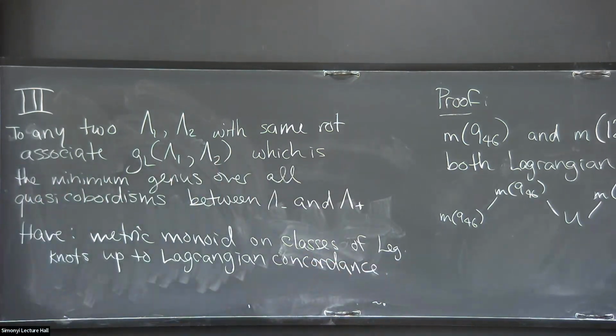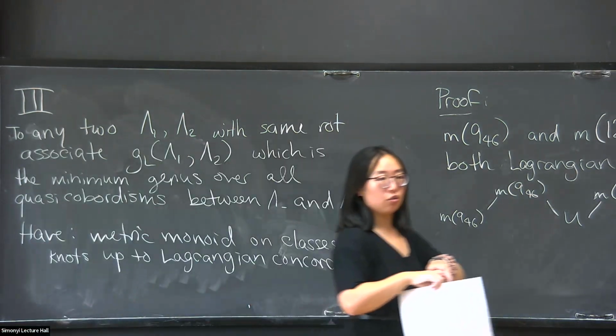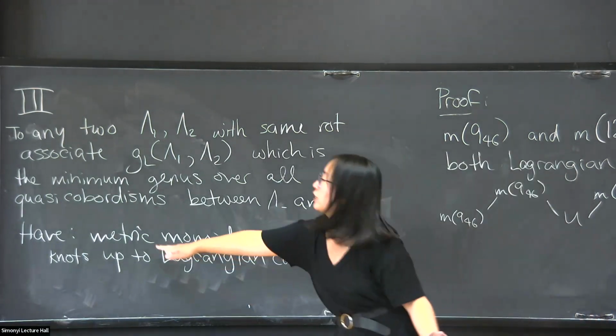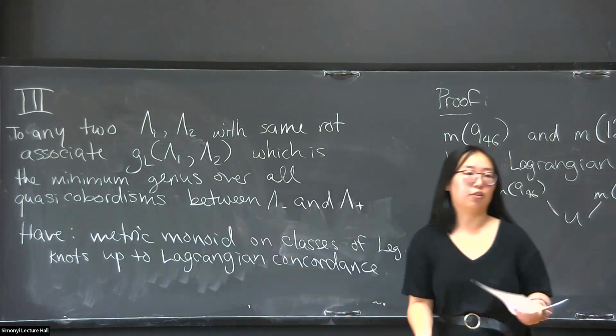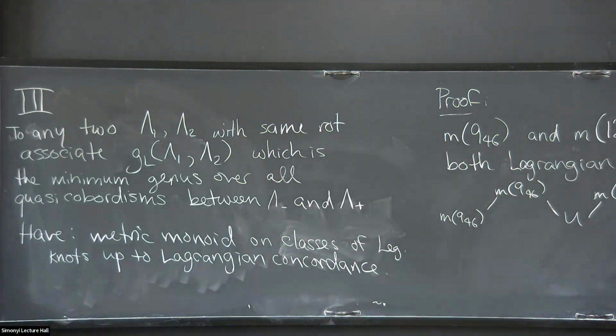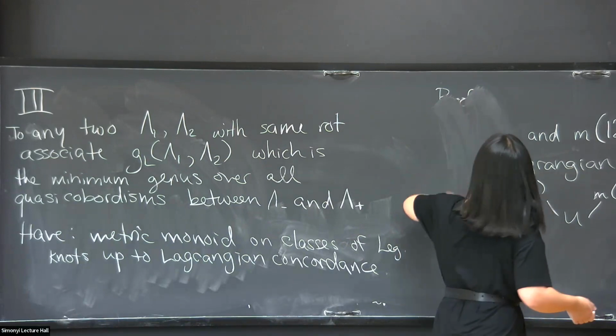All right. What is the addition? Did you already say what the monoid structure is? So the monoid structure I get from connect summing over these Legendrian knots, and then the metric is the new thing which I've added here, although I already said something about it before. So now I can ask questions like, what are the properties of the metric monoid?